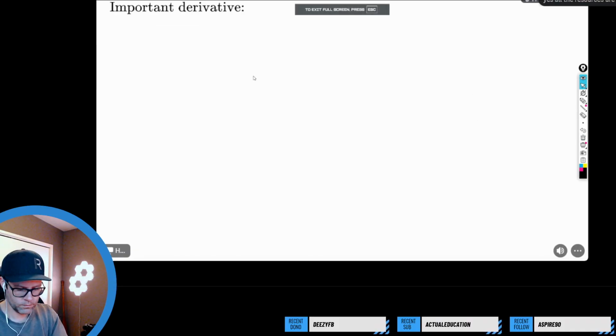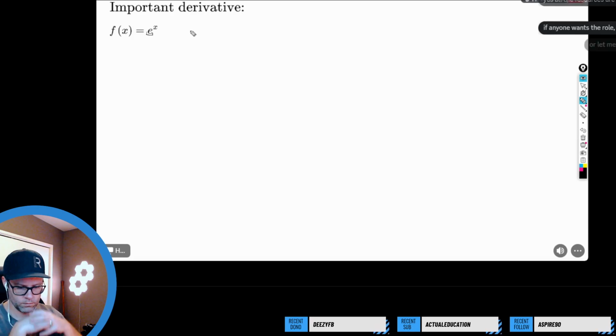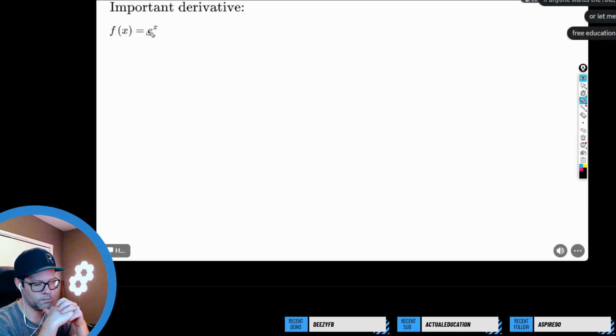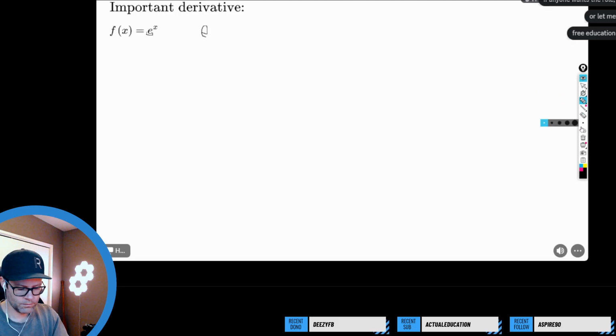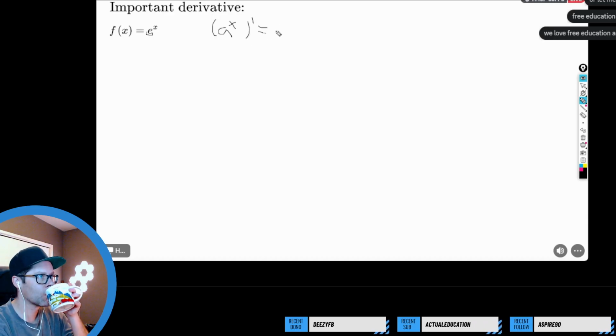Now there is another important derivative, which is e to the x. Now e, Euler's number, is actually defined in some ways to be the number such that a to the x, if we take its derivative, will just be a to the x.